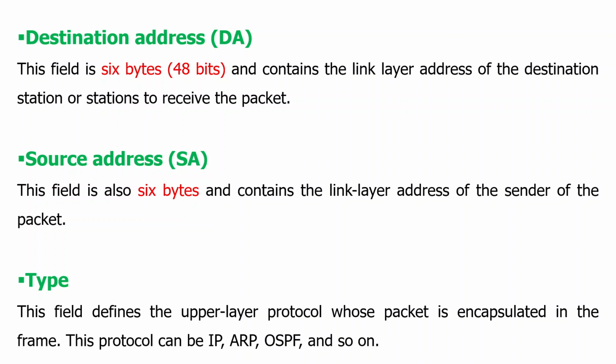So the address here is the data link layer address. The first 6 bytes indicate the destination address, and the next 6 bytes after the destination address are the source address, from where the data originated. It contains the link layer address of the sender of the packet. Next, the type field. This field defines the upper layer protocols.